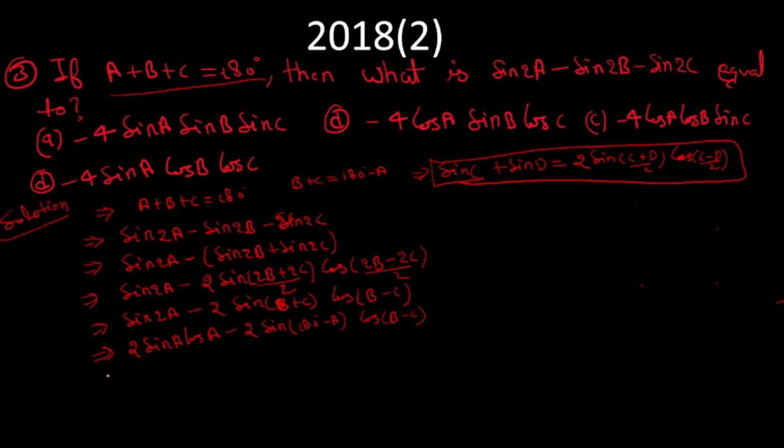So now what do I do here? Here we get 2 sine a cos a minus 2 sine (180 degrees minus a), which means sine a, that is the same, and here we get cos (b minus c). I take 2 sine a common, so here we are left with cos a minus cos (b minus c).